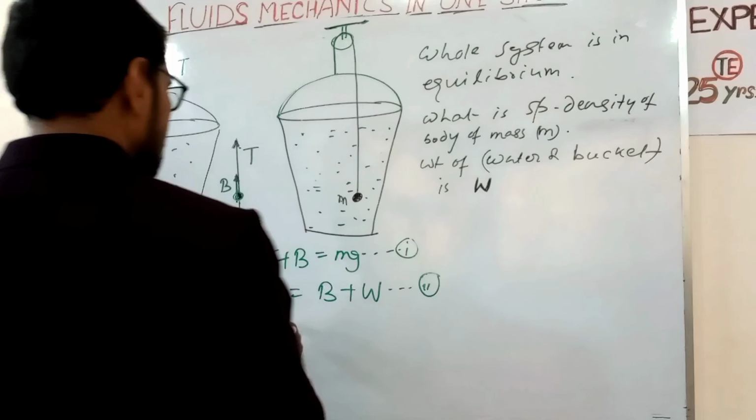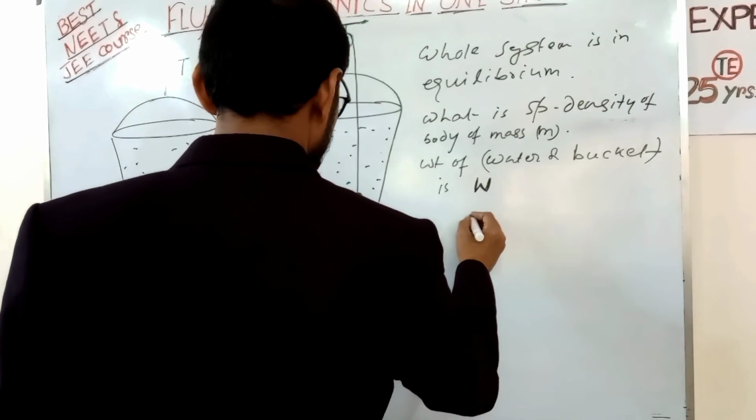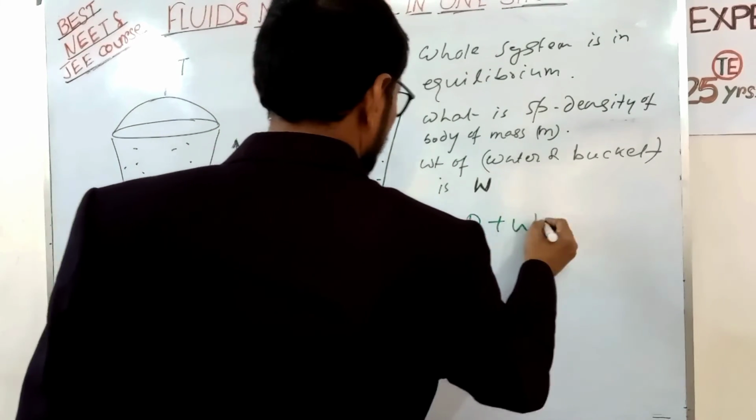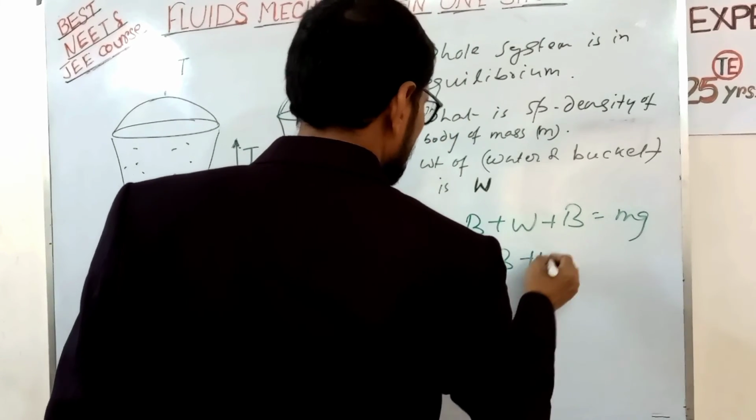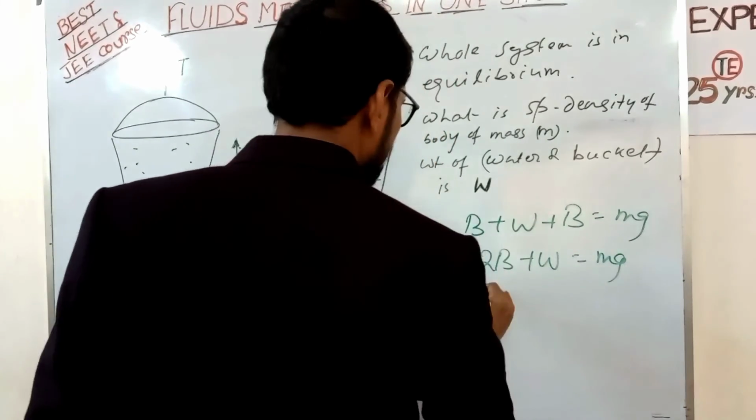Now if we put T equal to B plus W into T plus B equal to mg, we get 2B plus W equals mg. What is the buoyancy force?